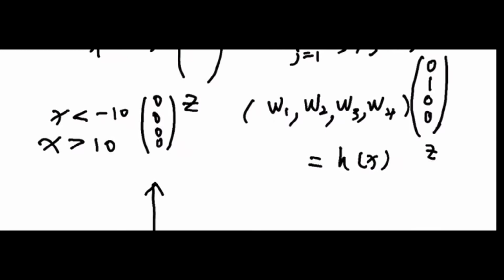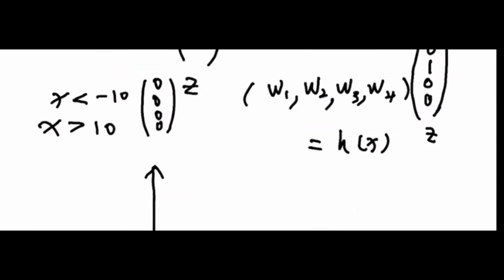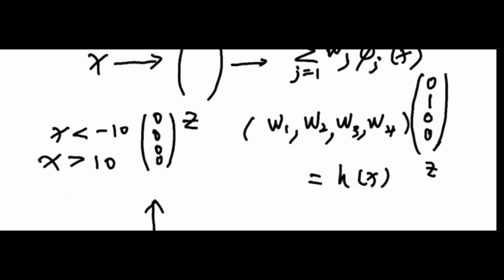All of the x in the interval 0 to 5 will be mapped to the same vector, say 1, 0, 0, 0, and then multiplied by w1, w2, w3, w4.